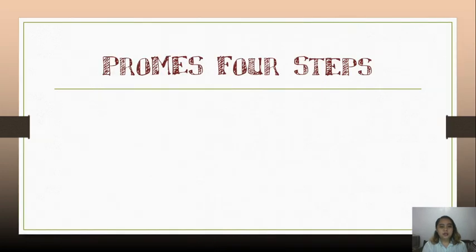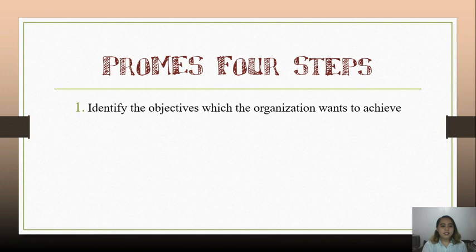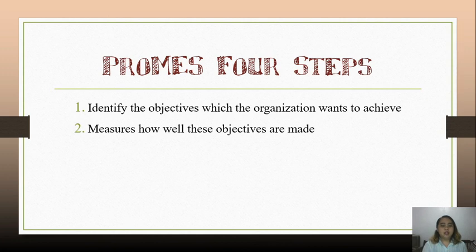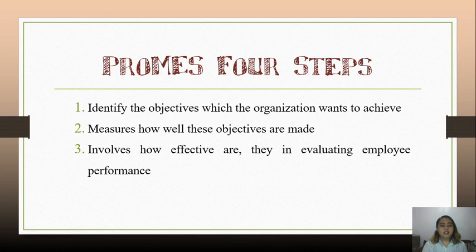There are 4 steps in PROMES. First is identify the objectives which the organization wants to achieve. Second is measure how well these objectives are met. Third involves how effective they are in evaluating employees' performance. Fourth is give feedback to the employees.